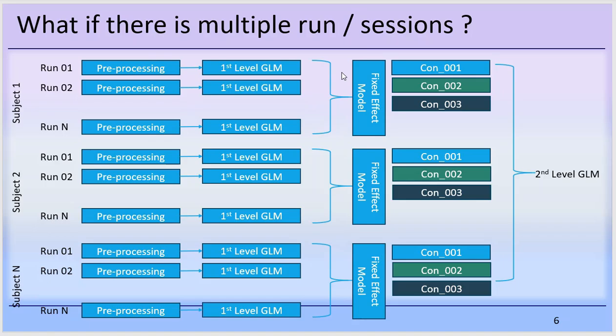And those maps you get are basically the input to your fixed effect model. And after that, from the fixed effect model you will get output, and those outputs will be the input to your second level GLM, which is the group level analysis. And that's the whole story.